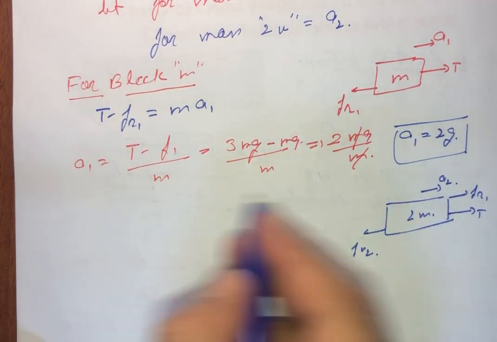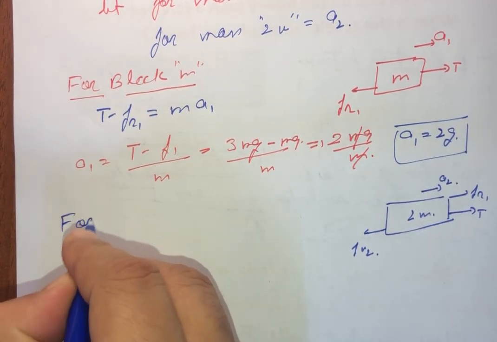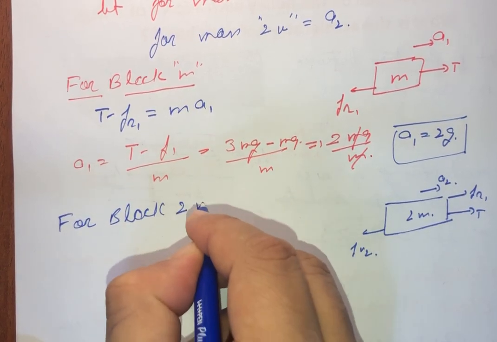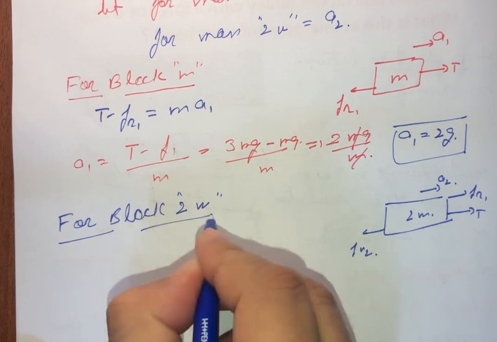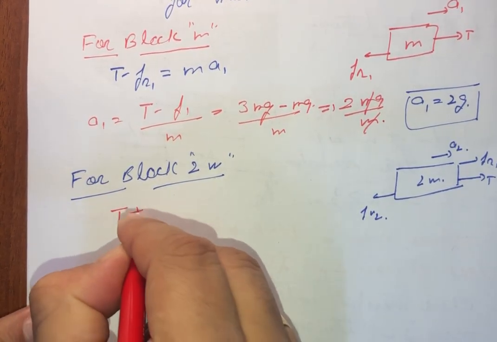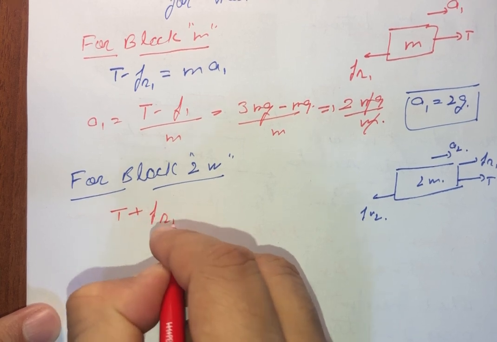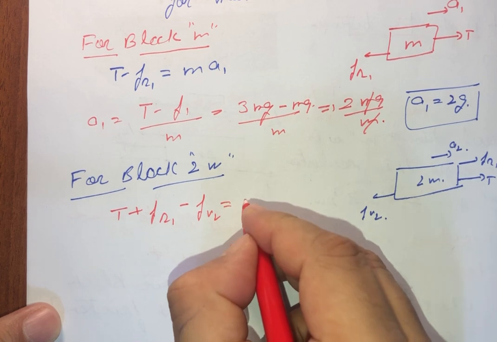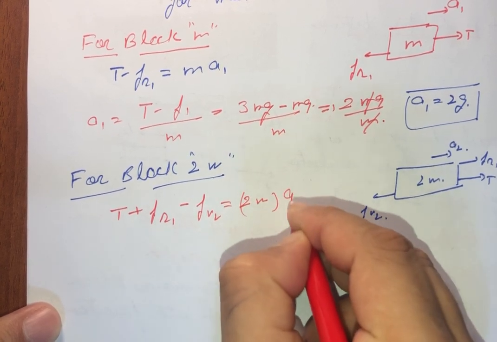We can say for block 2m, we get the equation as T plus FR1 minus FR2 is equal to 2m multiplied A2.